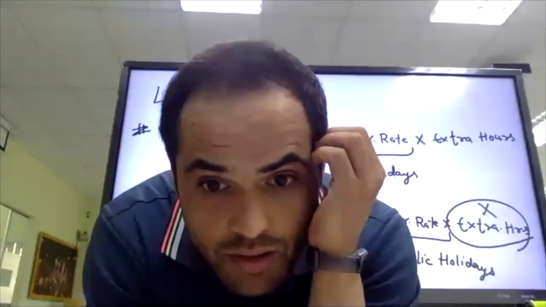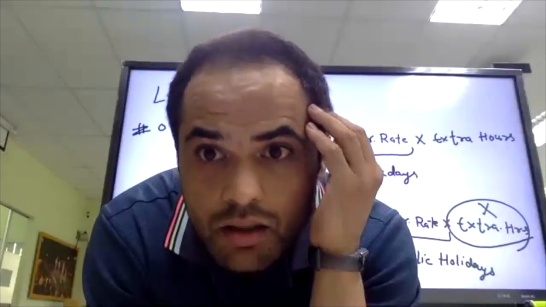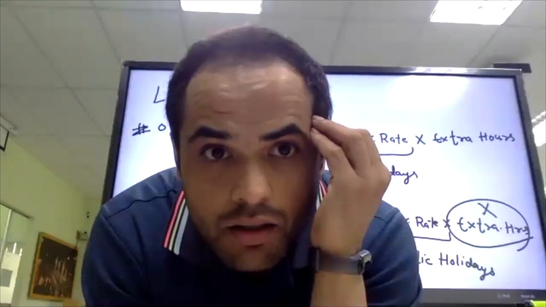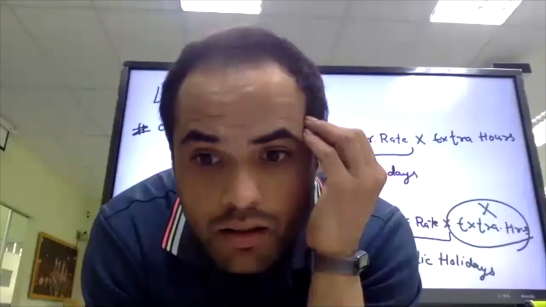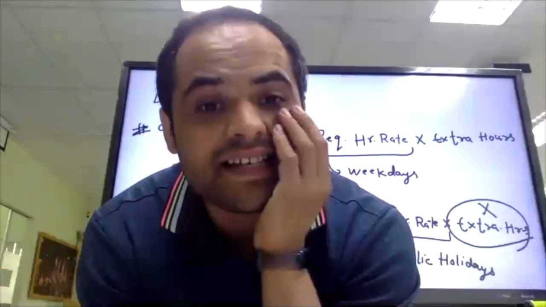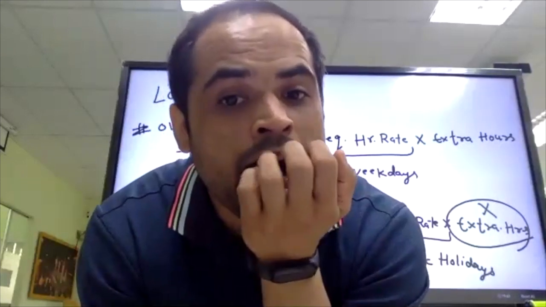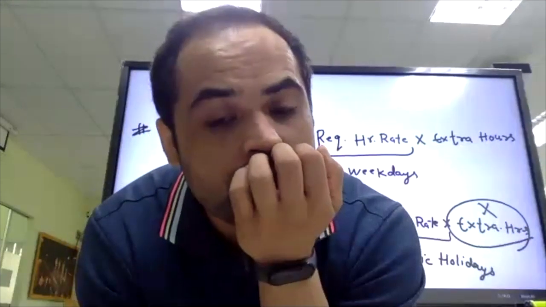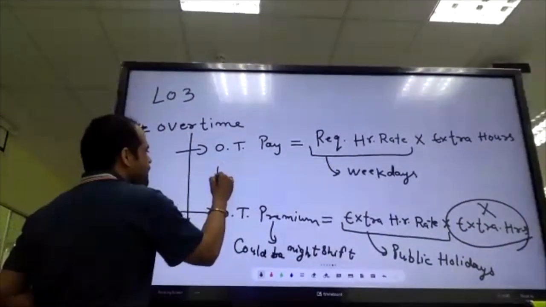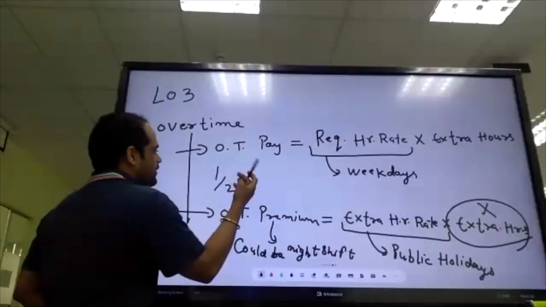Wait, let me check. What is your question? Someone said, I see in your video it's half regular labor code, but in the PowerPoint it's 150. So is it the same, or is the half an extra?